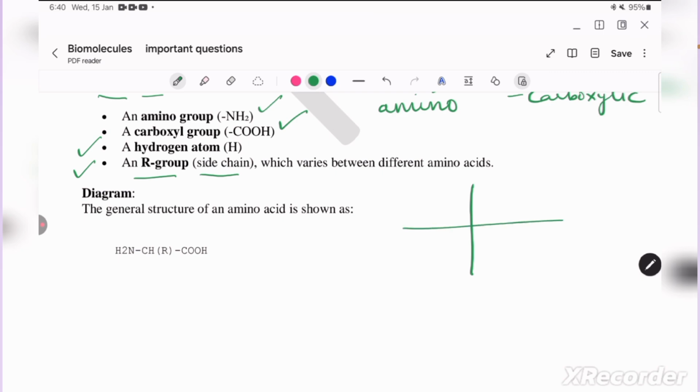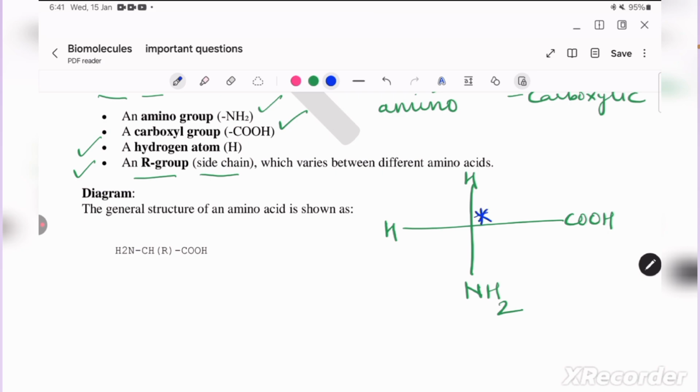Now the simple Fisher projection formula which you can draw in the exam to show is in this manner. You can draw COOH on any one of the sides, NH2 on another side, and on these two places you can draw any two groups like a carbon group, or you can just simply draw hydrogen atom.